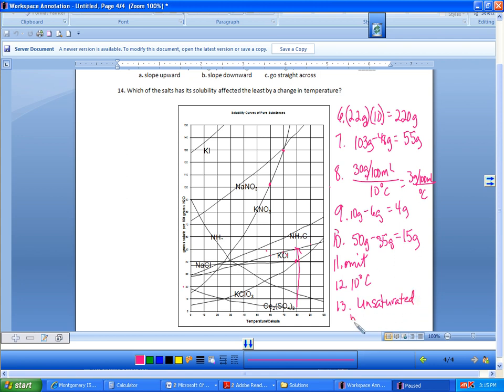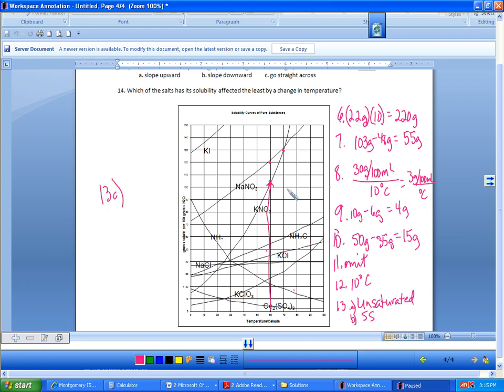Okay, part B says 120 grams of KNO3, so let's find our KNO3. It's up here. 120 grams, and my temperature is 60. So I'm going to go to 60, which is this one here, and I have to go to 120. So 120 is way up here. It's above the line, so I'm going to call that supersaturated.